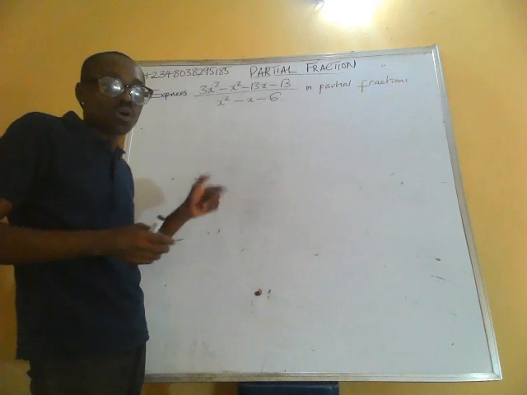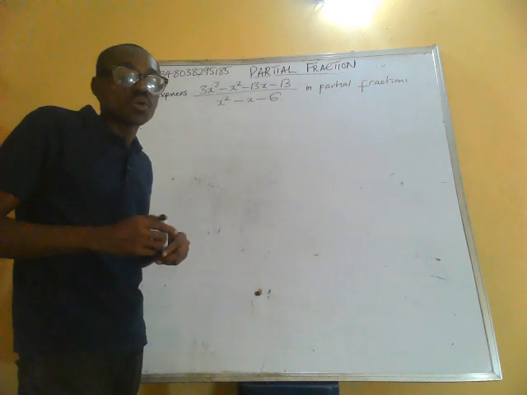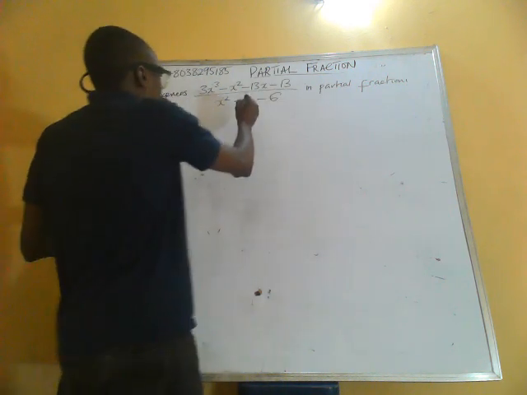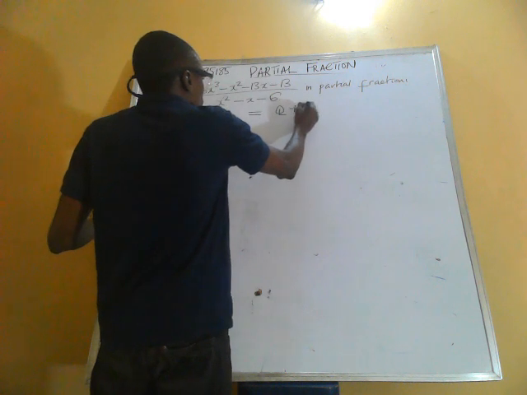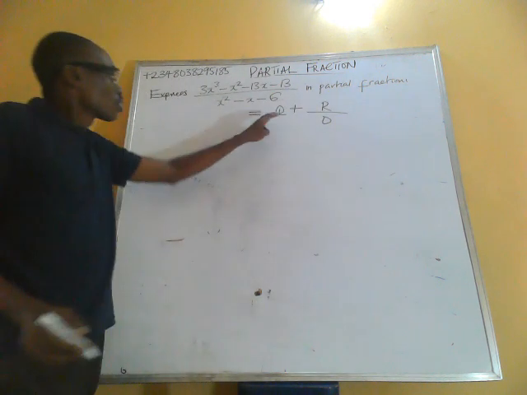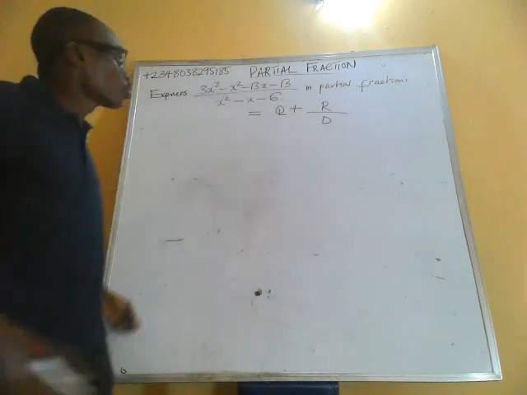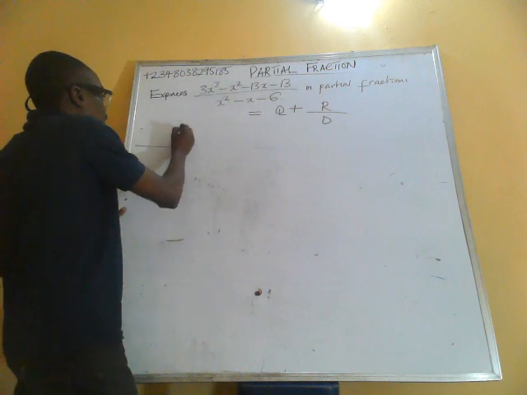So when the reverse occurs, what you do is divide, and when you divide you have a quotient, a divisor, and a remainder. So it's going to be quotient plus remainder over divisor. So we're going to use long division. Okay, so we go ahead with that.